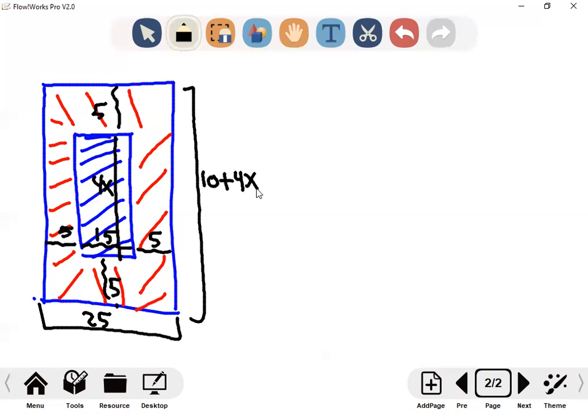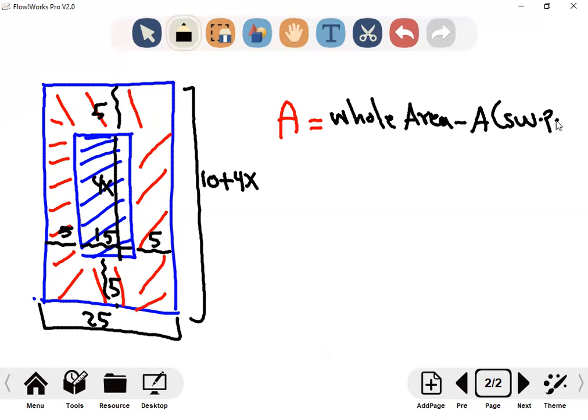Now I have the whole length, the whole width, and the length and width of the blue part, right? Now the red area equals the whole area minus the area of the swimming pool. The whole area is length by width.